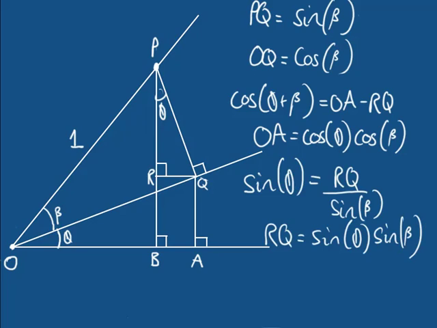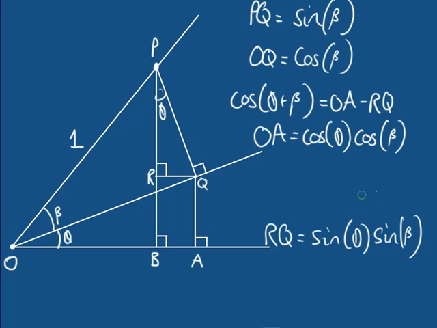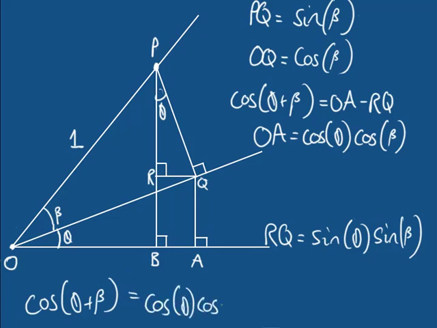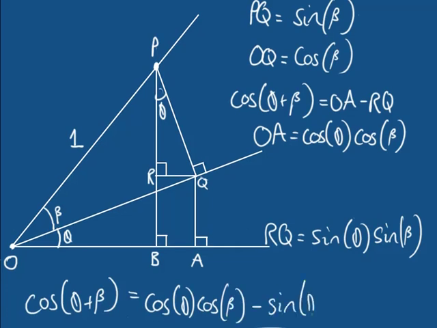So we know that OA is equal to the cosine of theta times the cosine of beta, and RQ is equal to the sine of theta times the sine of beta. That means the cosine of theta plus beta is equal to OA minus RQ, which is cosine of theta cosine of beta minus sine of theta sine of beta.